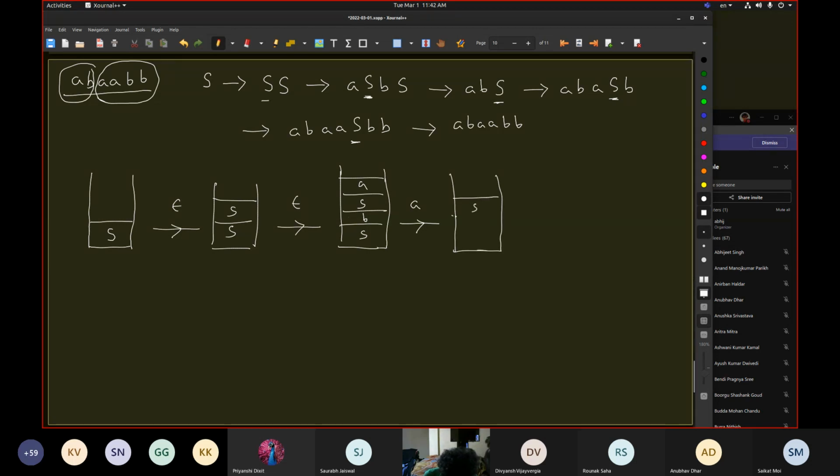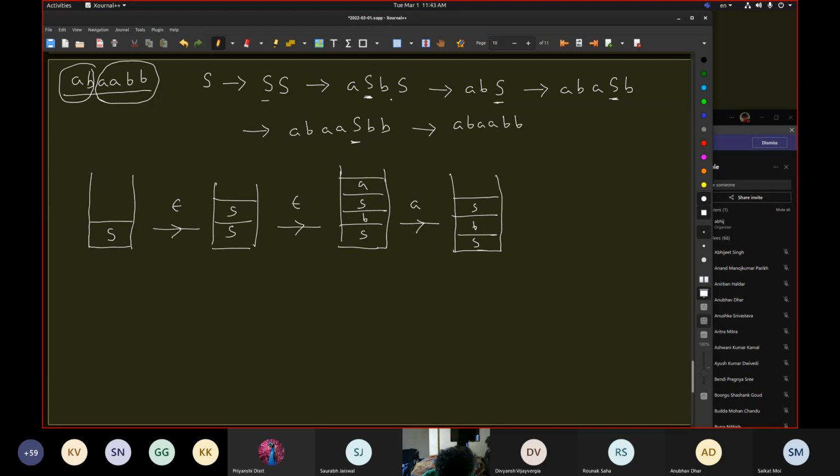So this is the first real consumption of any input symbol. If I now look, this is consumed, S, B, S, and S is once again exposed.